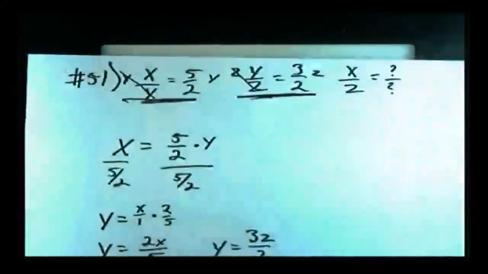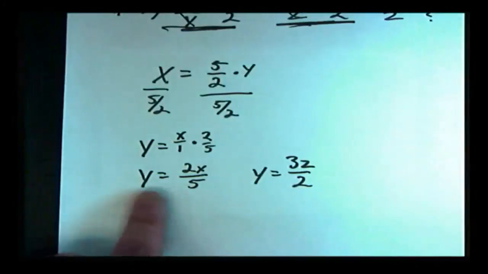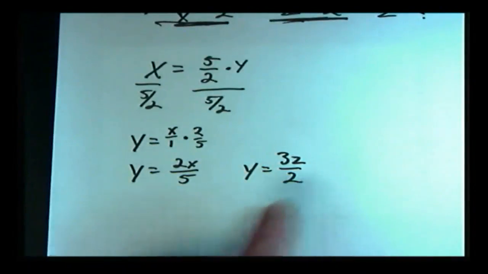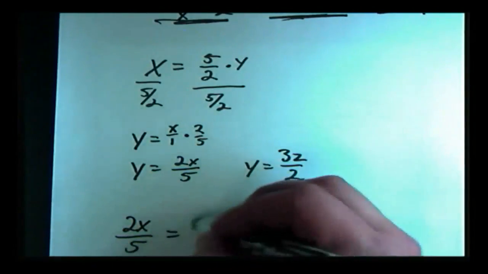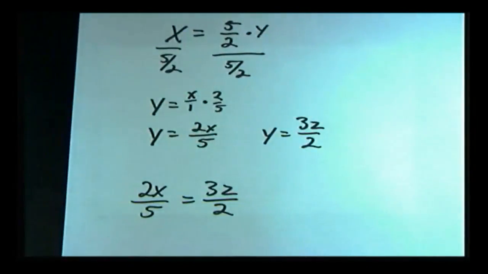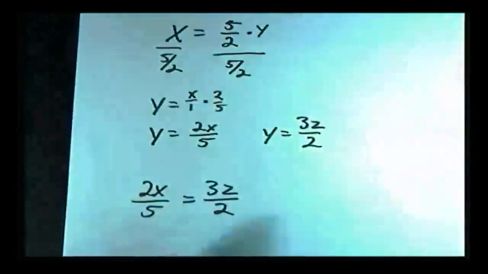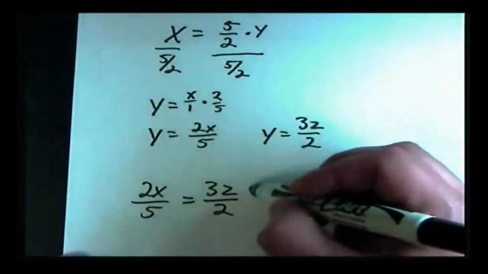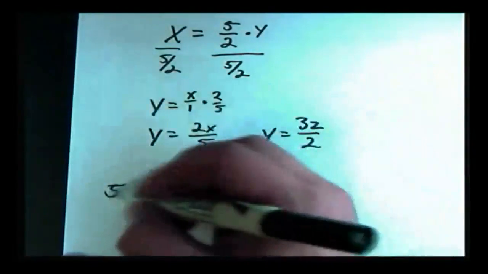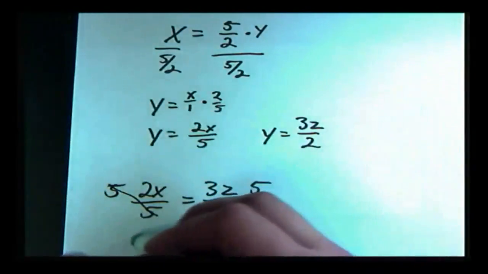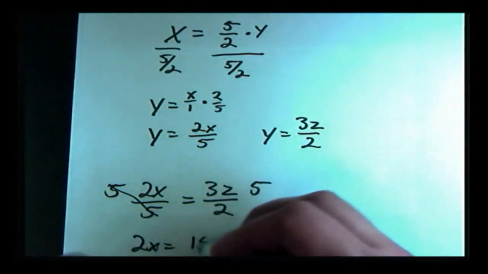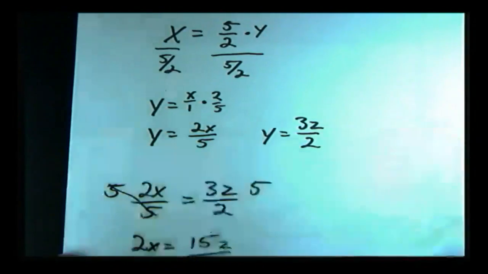Now that I have y is equal to this, and y is equal to this, I can set these two things equal to each other because they both equal y. So 2x over 5 is equal to 3z over 2. And what I'm trying to get is x over z. So I can multiply this side by 5, I cancel, so I have 2x equals 15z over 2.